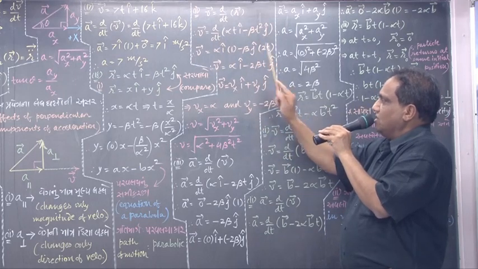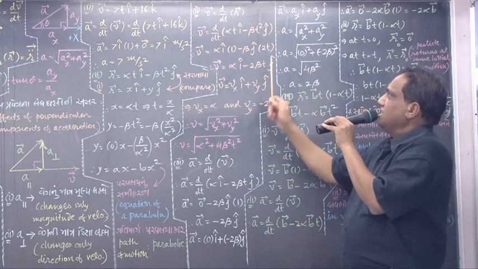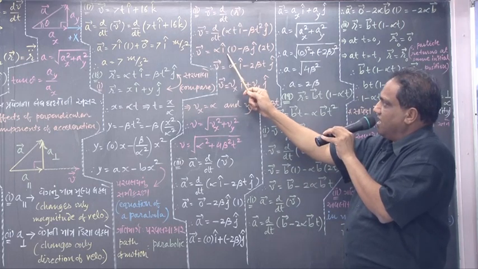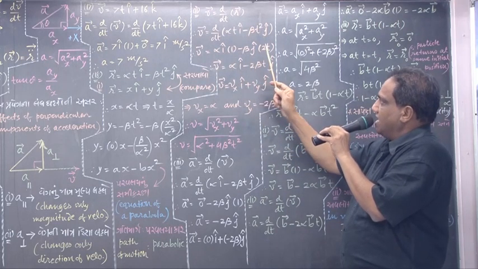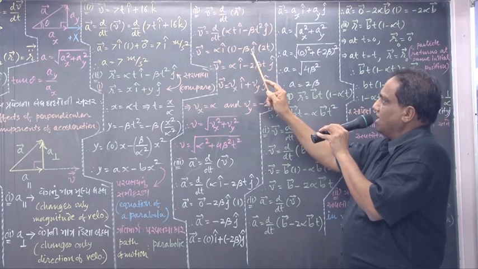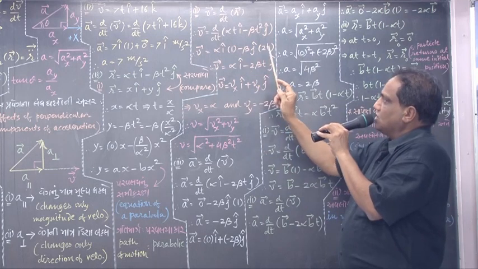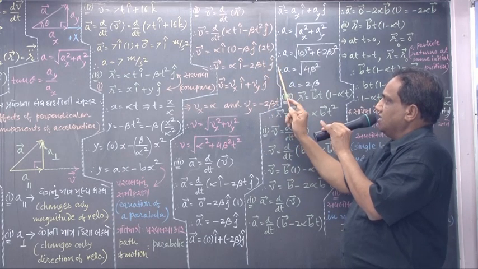Minus beta j hat is constant. d by dt of t square is 2t. So now it is alpha i hat minus 2 beta j hat into t, or you can write minus 2 beta t j hat.